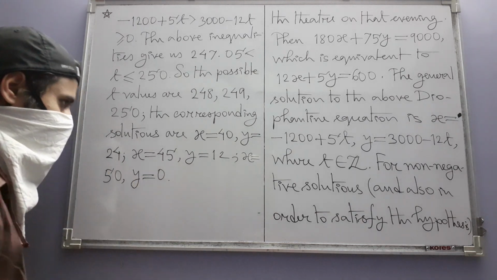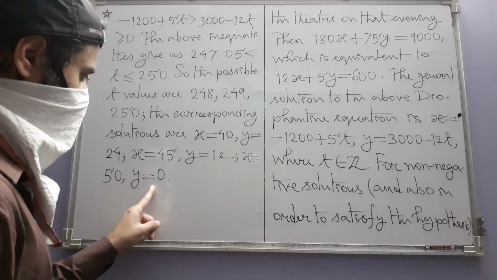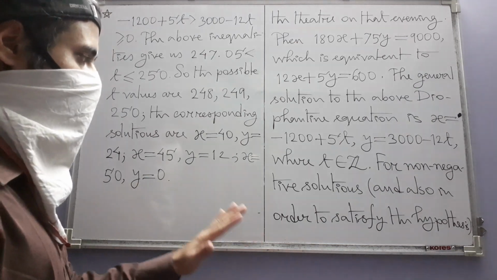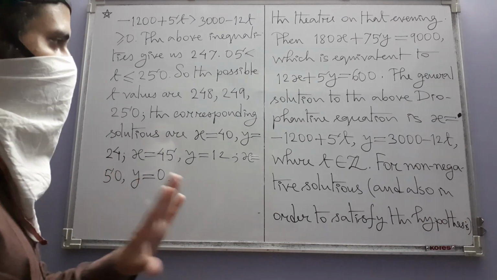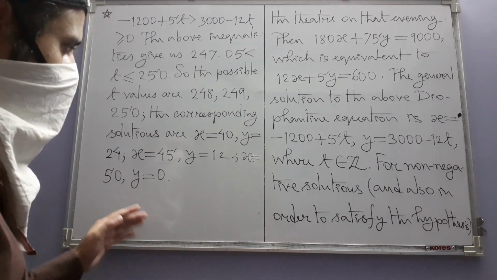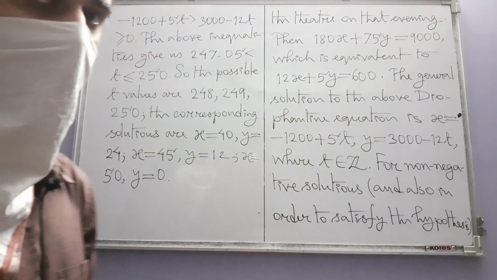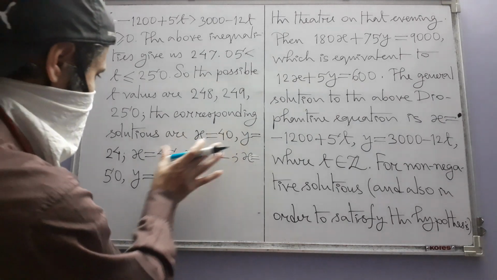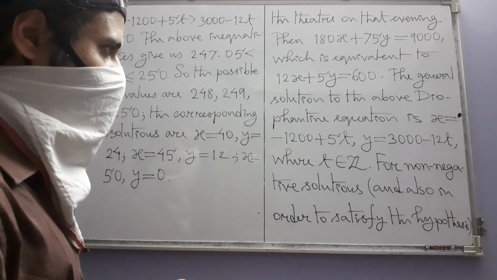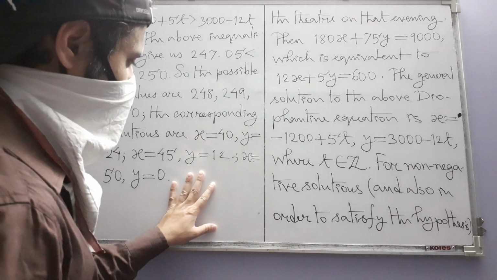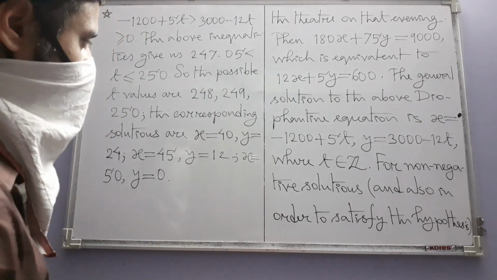So you see that this possibility has actually arisen, that if no child attended on that evening and only adults attended, 50 adults attended. Okay, so that gave rise to that 9,000 figure, 9,000 cents. So these are all the possibilities. Now from among these possibilities, which one is true, that we cannot decide. In order to determine that, we need more information, but these are all the possibilities.